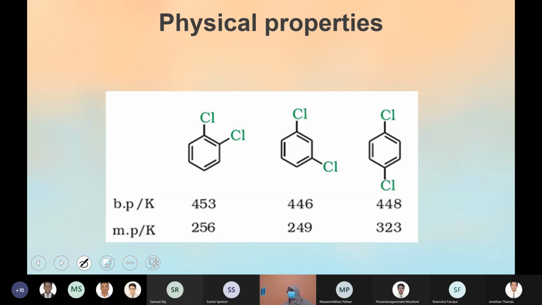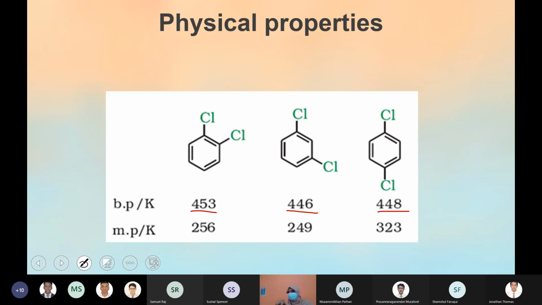Now dihaloarenes, ortho, meta, and para, and you can compare the melting and boiling points. You can see the difference in value is not much, unlike the other cases.